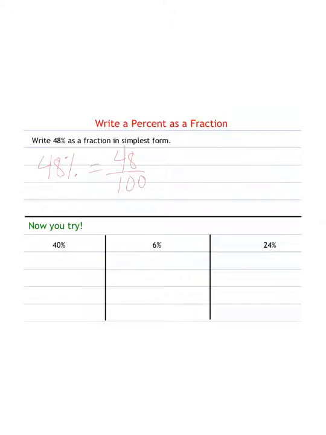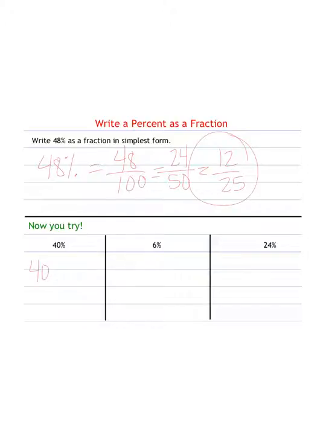I take the percent sign away, 48 hundredths, and then I need to always write it in simplest form. They're both even, so I can divide by 2, which is 24/50. I can divide by 2 again and get 12/25. You try these last ones and then come back and check.